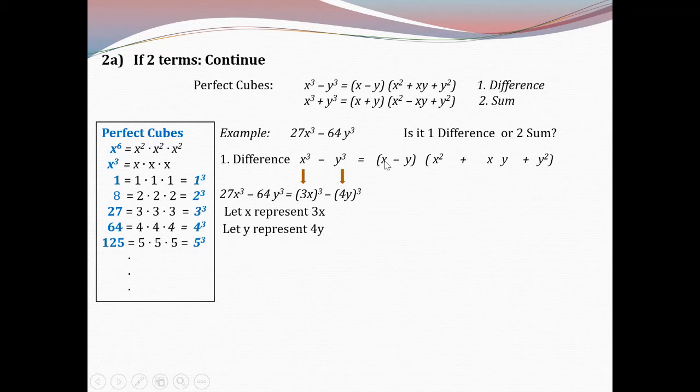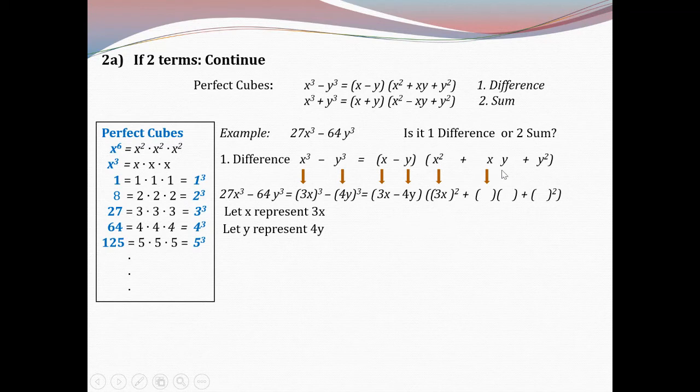Everywhere in the formula we see an x, we're going to put 3x, and everywhere we see a y, we're going to put 4y.